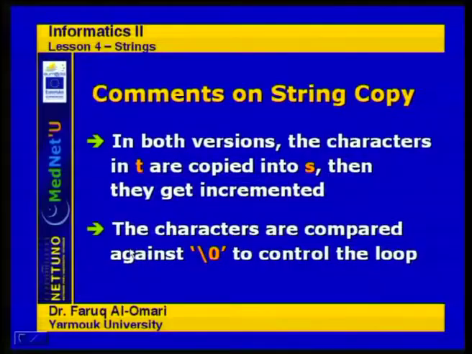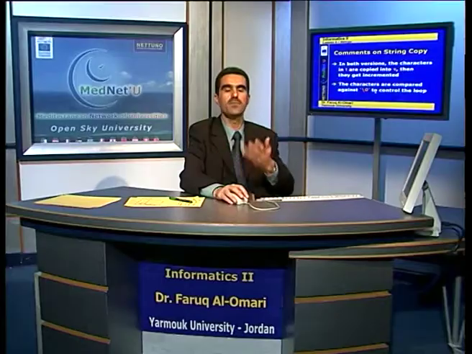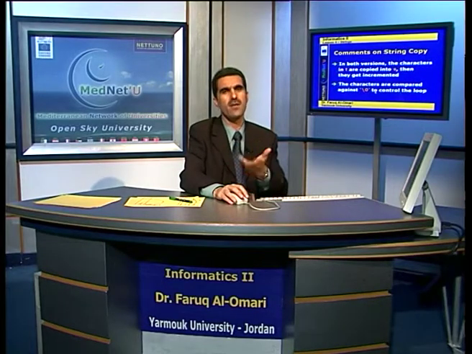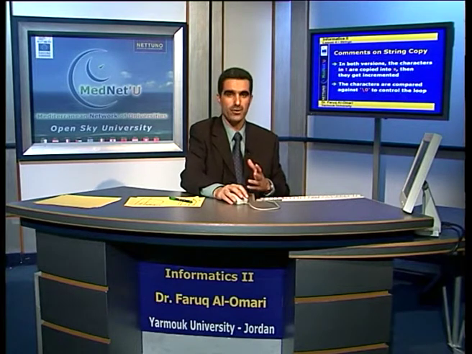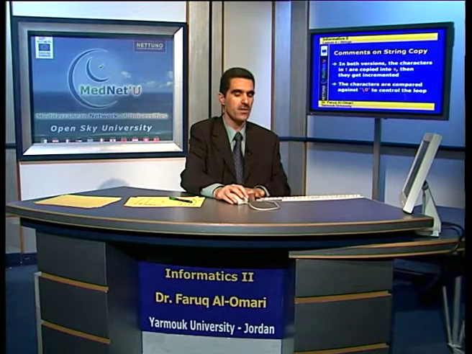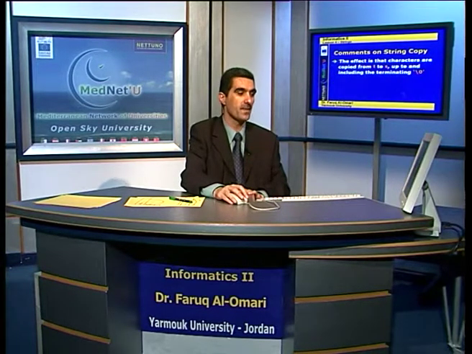The characters are compared against the null character, and that's the terminating condition. I mean, keep looping, whether we're talking about the array version or the pointer version. In both versions, we keep iterating in the loop till I encounter this character. So this is pretty much the same for both versions.